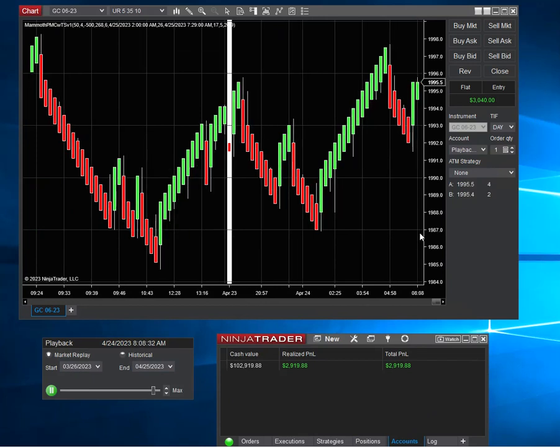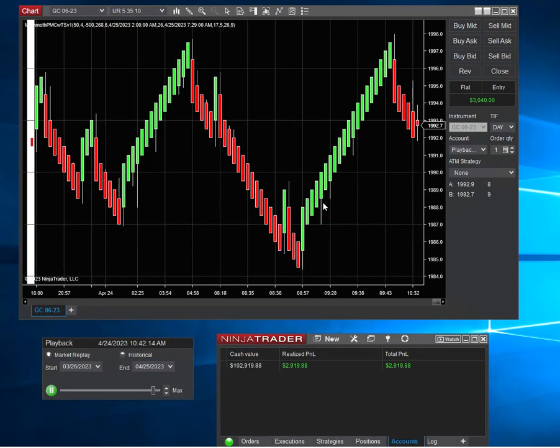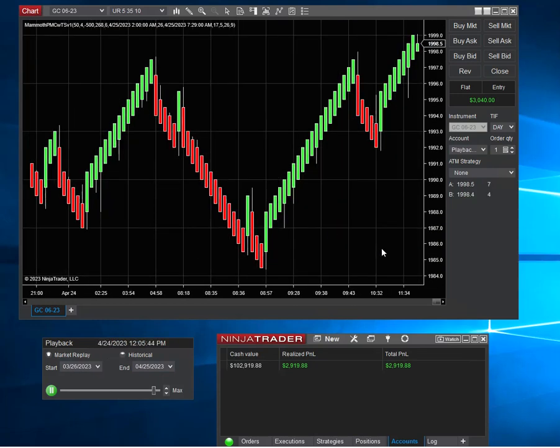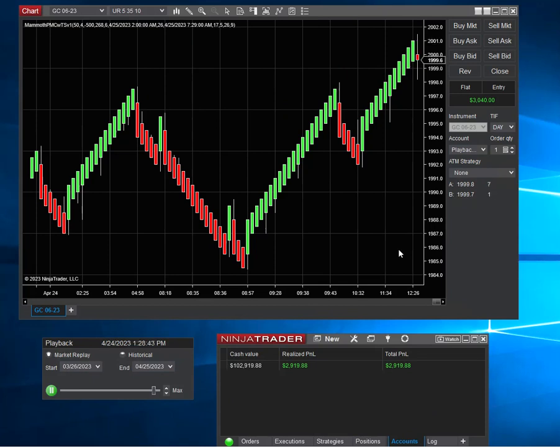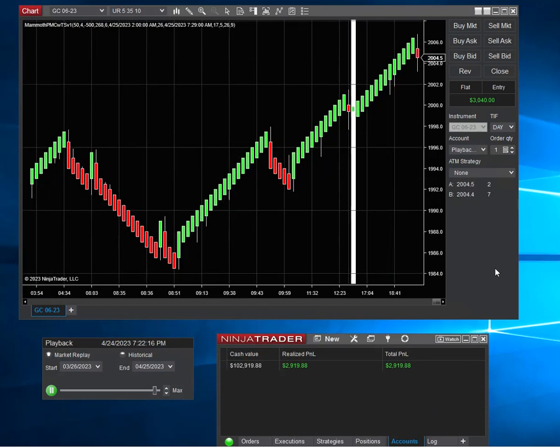All right, the market opens. It's the 24th. Unfortunately, there's no trade on the 24th. Then we're going to have to move on to the 25th, which is today. Almost over.